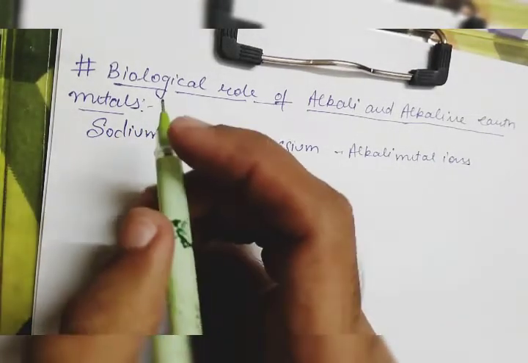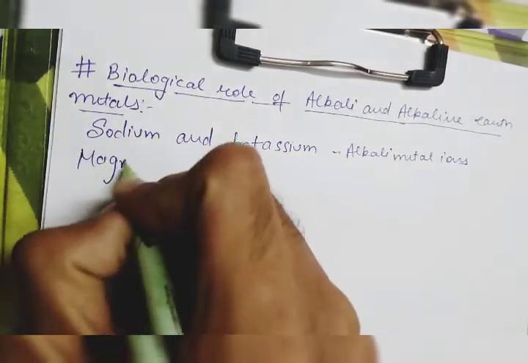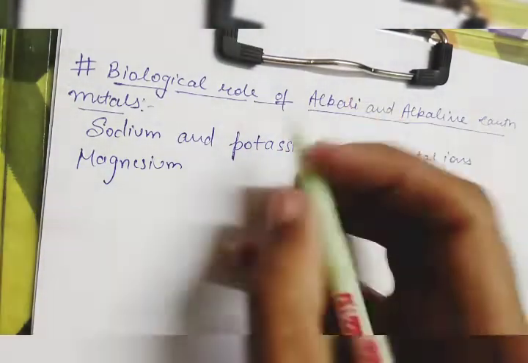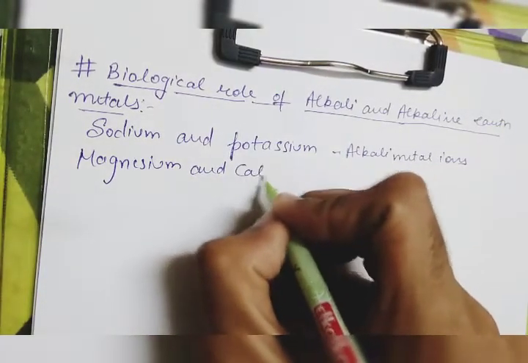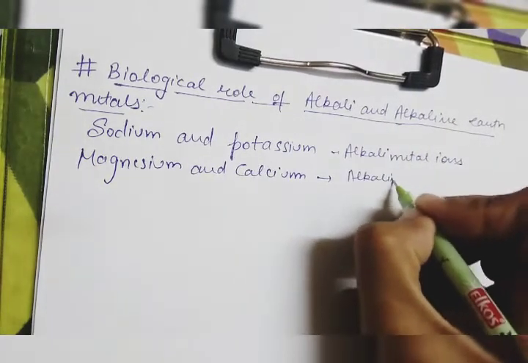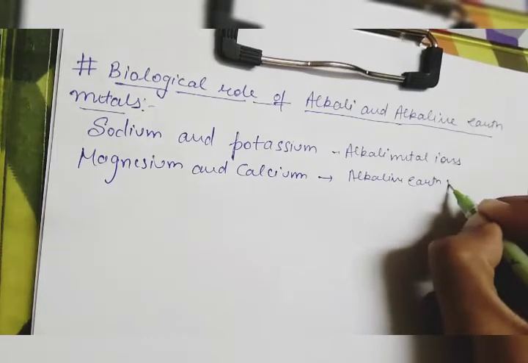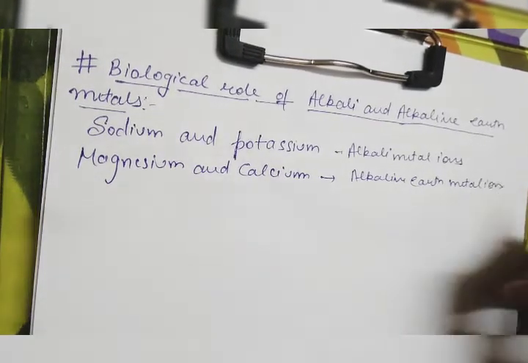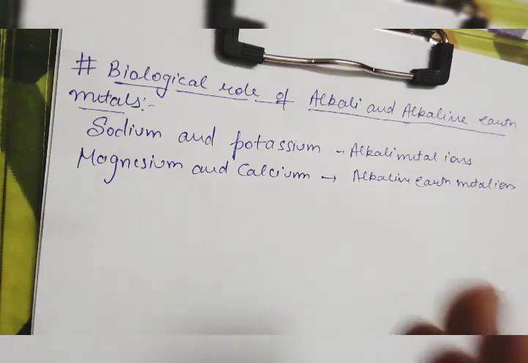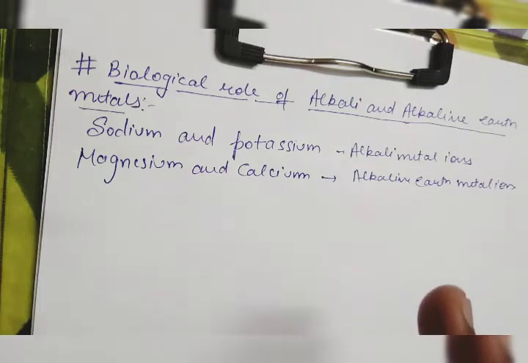Then we have magnesium and calcium, which are alkaline earth metal ions. So sodium and potassium are alkali metal ions, magnesium and calcium are alkaline earth metal ions. They play a major role in biological systems. These are present in most of the biological systems.